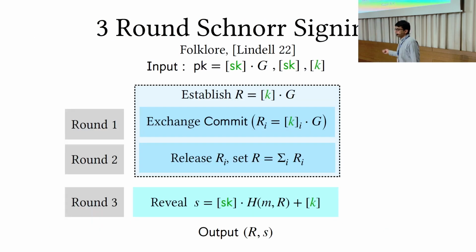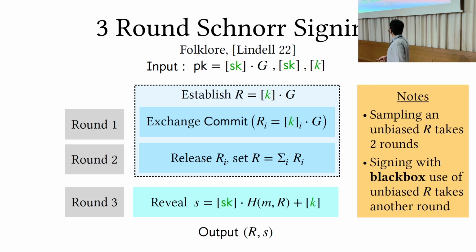And so this yields a pretty simple three-round Schnorr signing protocol, which has been documented in a few different places. We take a couple of rounds to sample the nonce, and then spend another round in just reconstructing a linear combination of the shares of the nonce and shares of the secret key that all parties hold. And yeah, just a couple of quick notes.